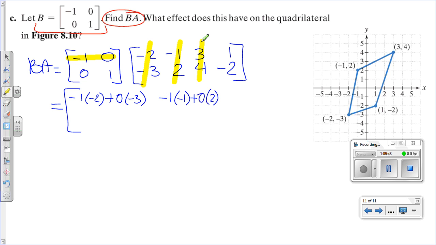And then third column, -1 times 3, plus 0 times 4. And the last column, fourth column.